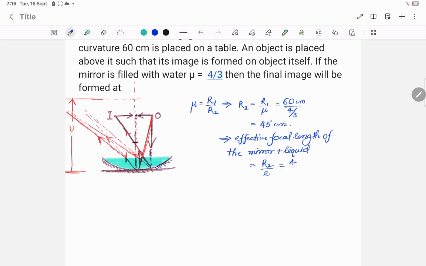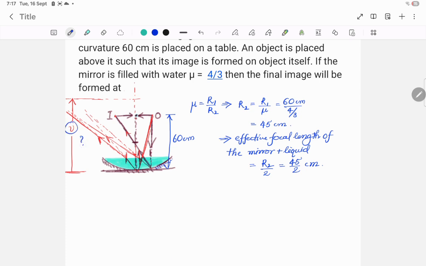Once you get this focal length 45 by 2, now simply you can use the mirror equation for this effective focal length, with object distance 60 centimeters and the image distance where it will be formed. Yes or no? But another thing you need to know is the sign convention.